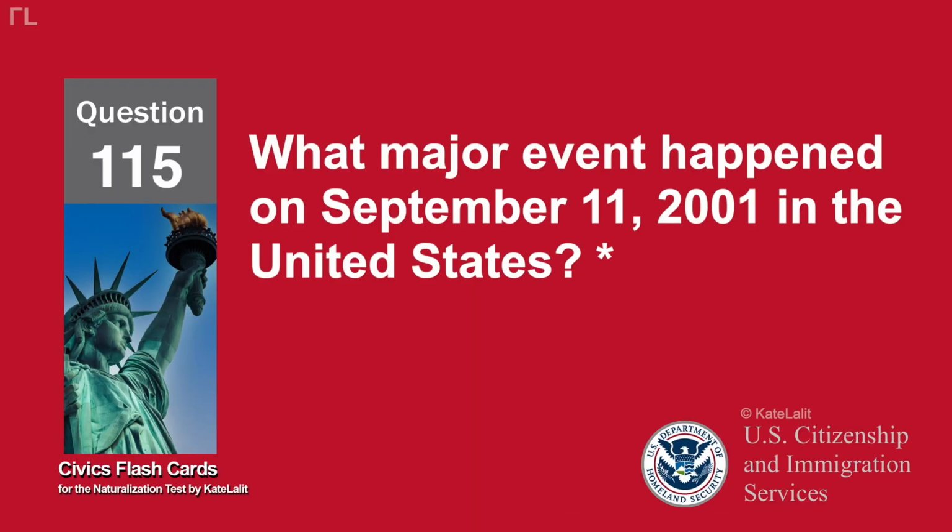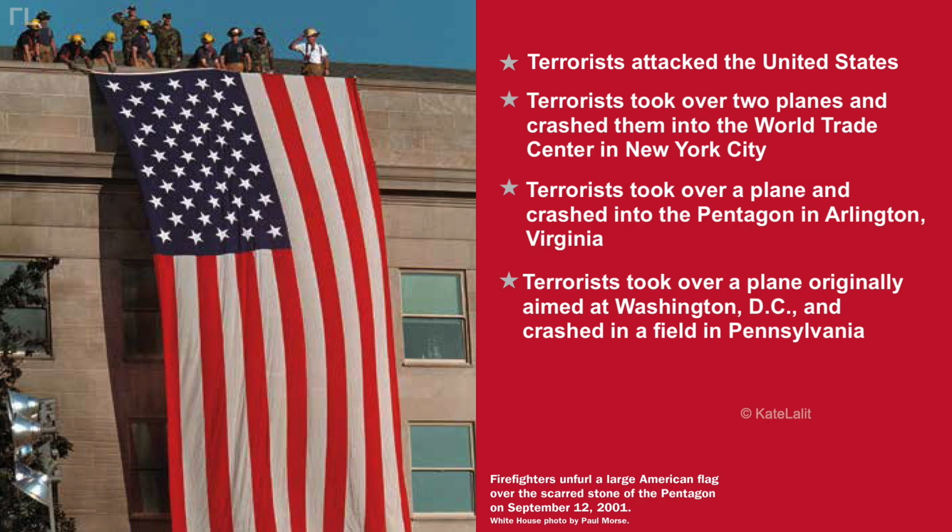What major event happened on September 11, 2001 in the United States? Terrorists attacked the United States. Terrorists took over 2 planes and crashed them into the World Trade Center in New York City.